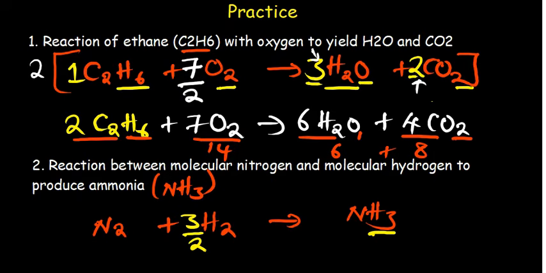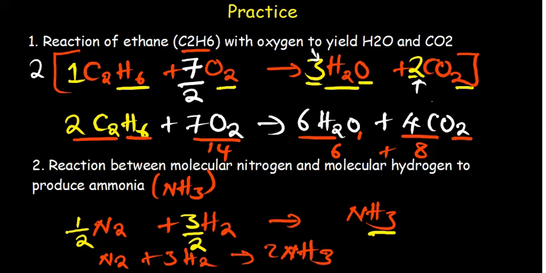On the right hand side I have 1. So I can put 1 over 2. I don't want to put a 2 there, because it will affect the hydrogens that have already balanced. So at this point you can multiply the entire equation by 2. So the 2 cancel out from the first part, which gives us the same answer. So irrespective of what you start with, you're going to get the same answer.